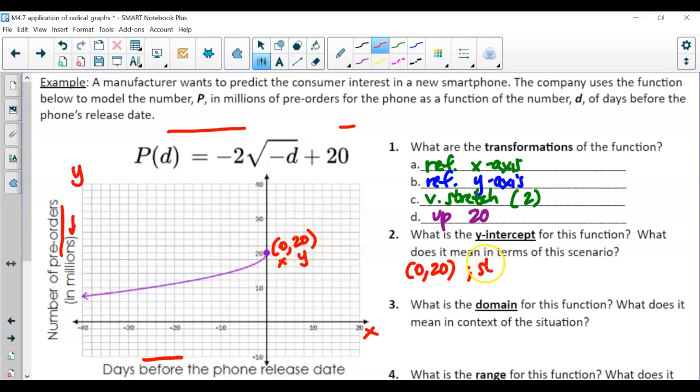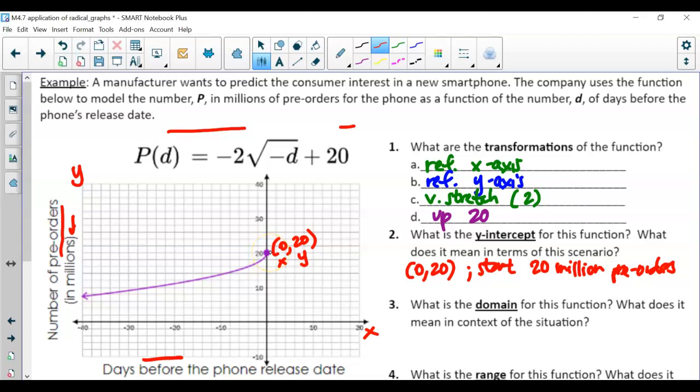So at the start, there were 20 million pre-orders of the phone. So again, it's still going to represent that start. Or in this case, we could say leading up to the sales, the end. But technically, that's where it's going to start.